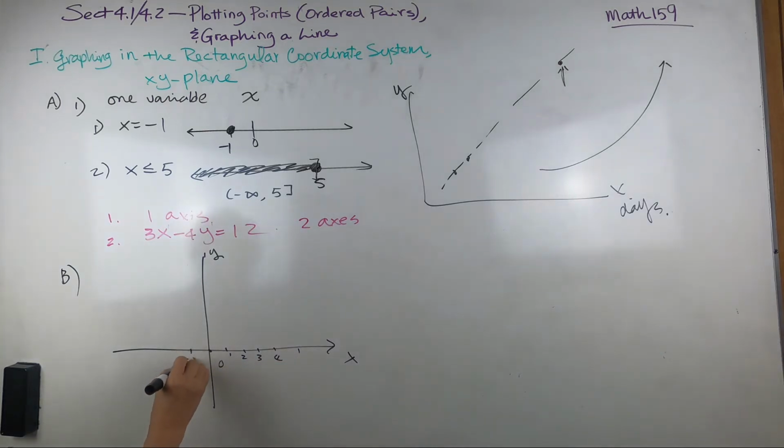And the left hand side will be what? -1, -2, right? And how about Y? What do you think? Going up will be what? Positive, right? Going down will be negative, right? In the middle will be 0.